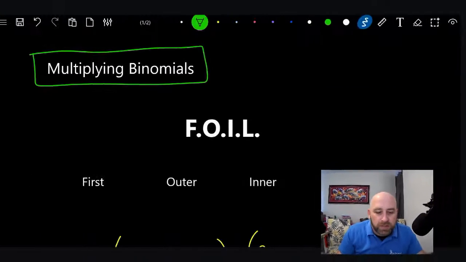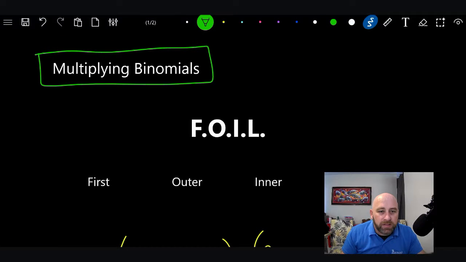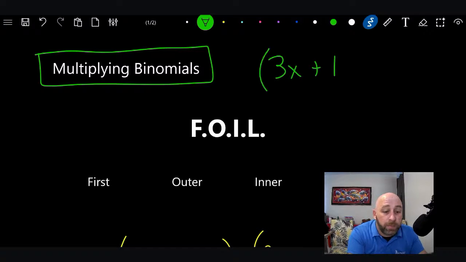We're on page 188. What we're going to be doing today, it says right here, we are going to be multiplying binomials. What's a binomial? Well, a binomial is something with two terms. So we have something like 3x plus 1. Okay, so that's one binomial.